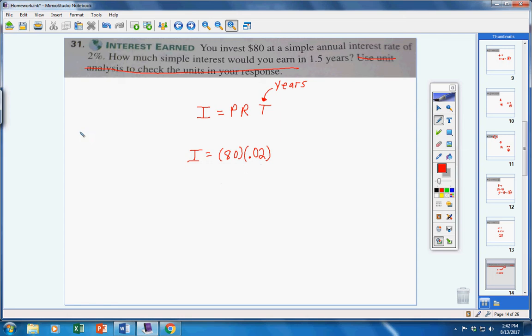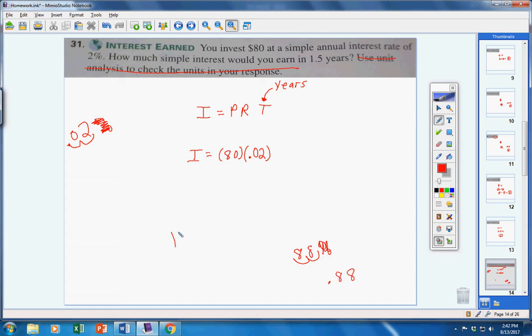Whenever you're dealing with math problems like this, you do not want to put the percentage into the problem. You want to change the percentage to a decimal. Do you remember how to do that? You knock off the percent sign and you always move the decimal 2 places to the left. So .02. If I had 88%, move the decimal 2 places, that would be .88.